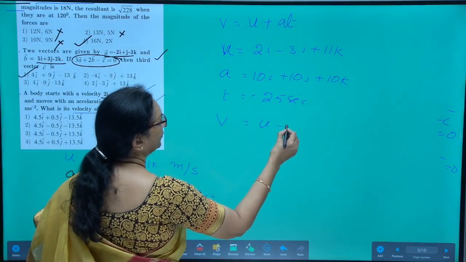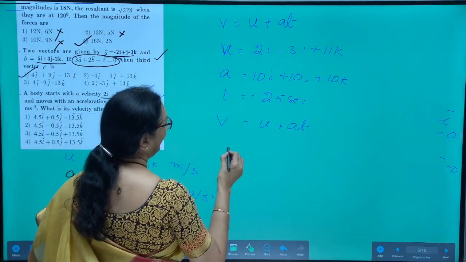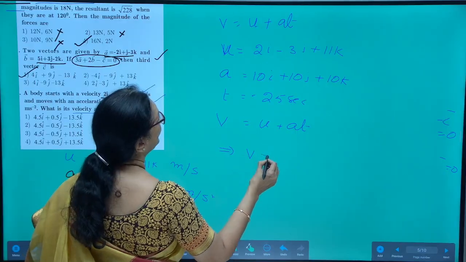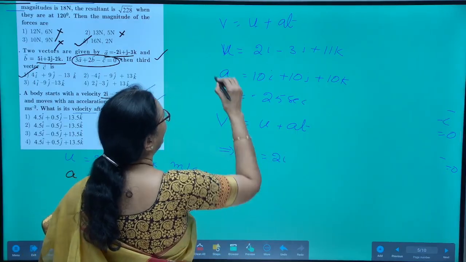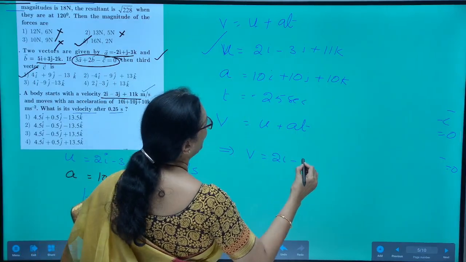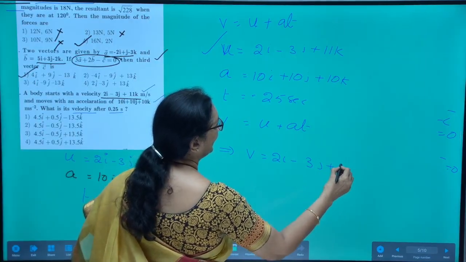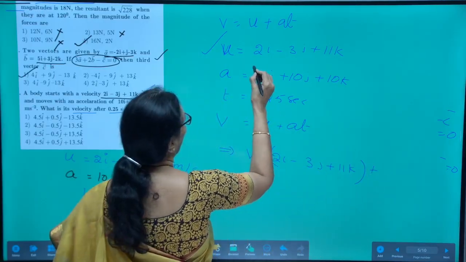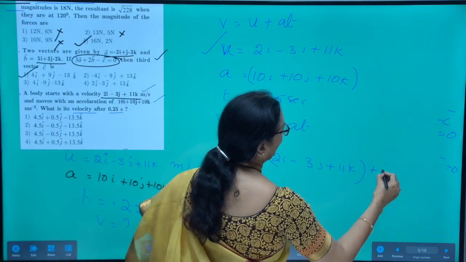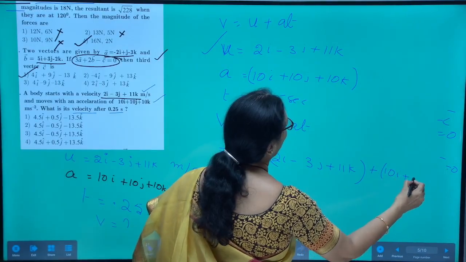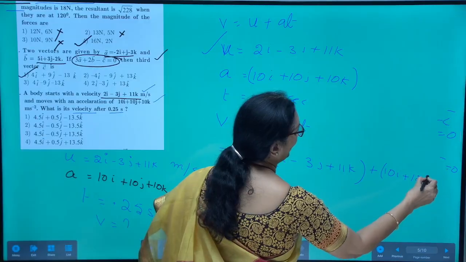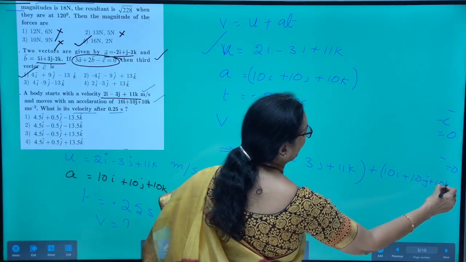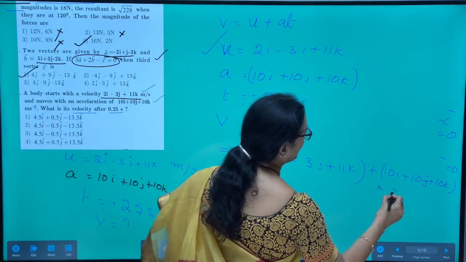v is u plus at, which implies v is equal to 2i minus 3j plus 11k, plus a, that is 10i plus 10j plus 10k, into 0.25.